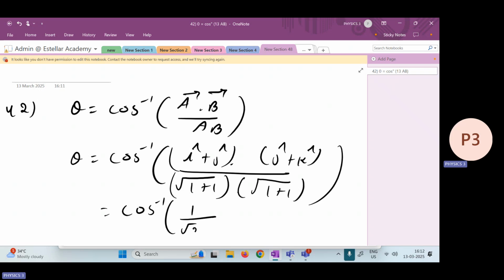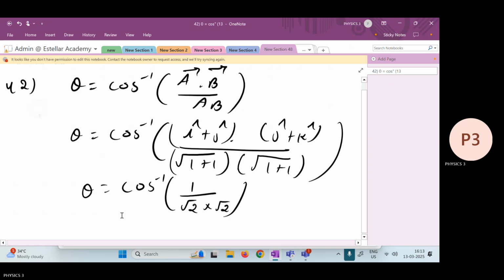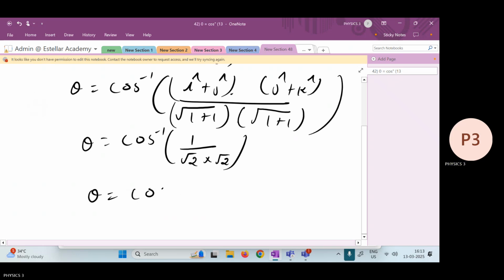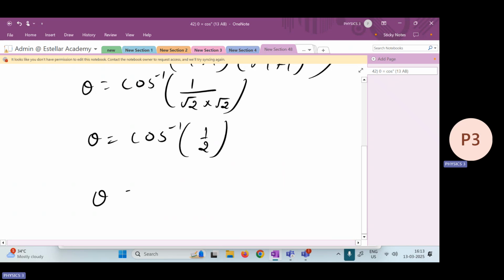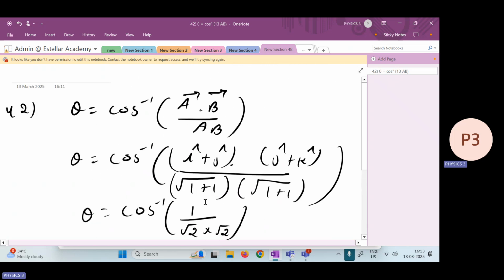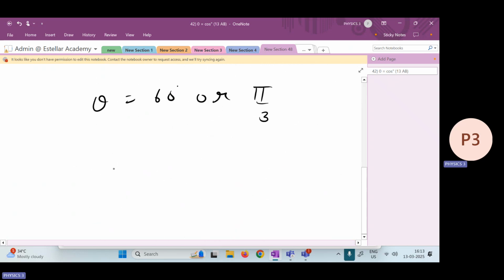So 1 upon root 2 into root 2. So theta would be cos inverse 1 by 2. Cos inverse 1 by 2 would be 60 degrees or pi by 3 radian, which is absolutely true. So assertion and reason both are true and the reason is the correct explanation. So the A option would be correct.